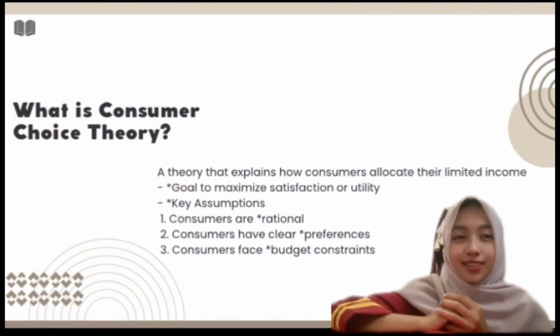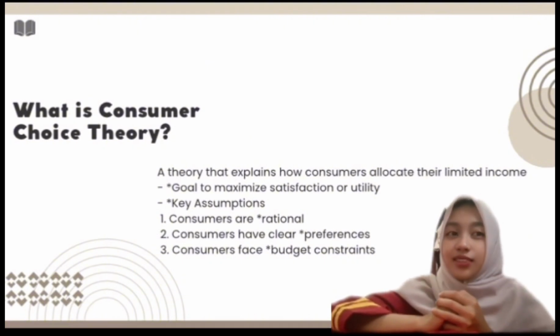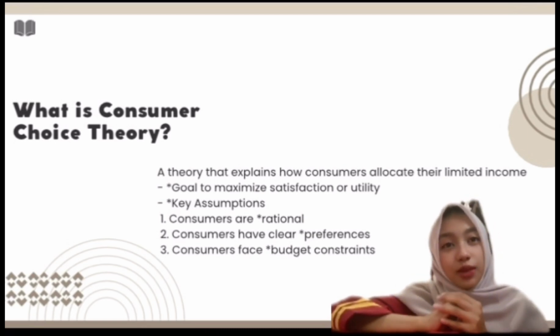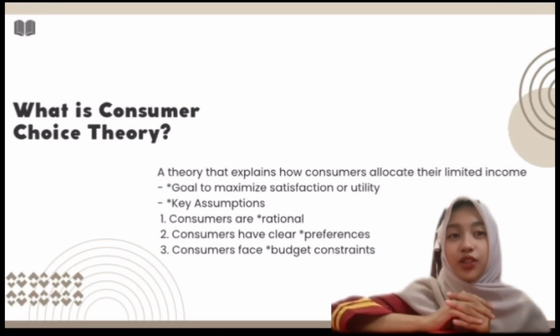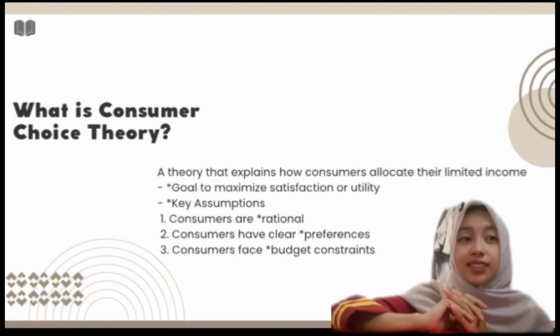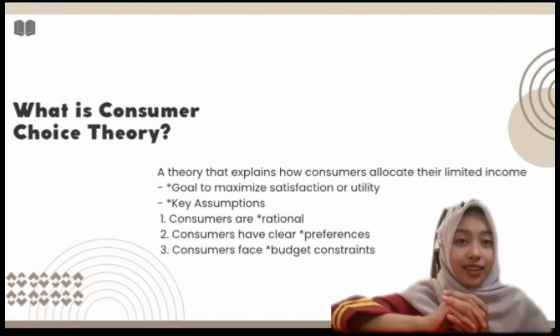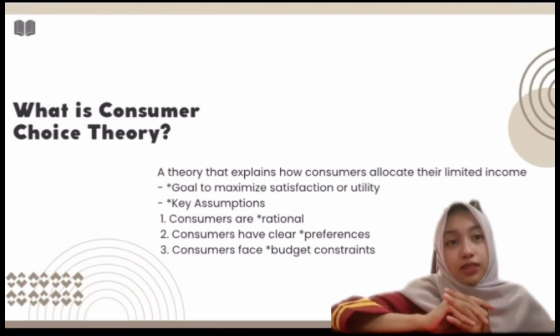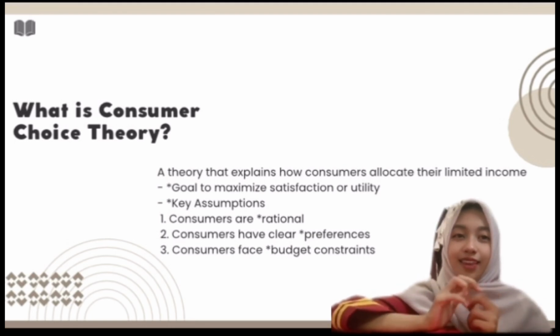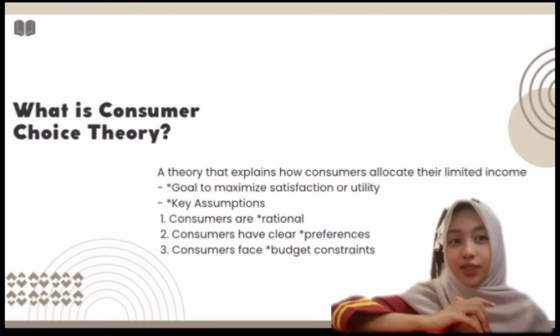So, this theory helps us understand the decision-making process behind our daily purchases. Dari hal kecil kayak beli mie instan sampai hal besar kayak beli rumah. And the other related budget constraints.